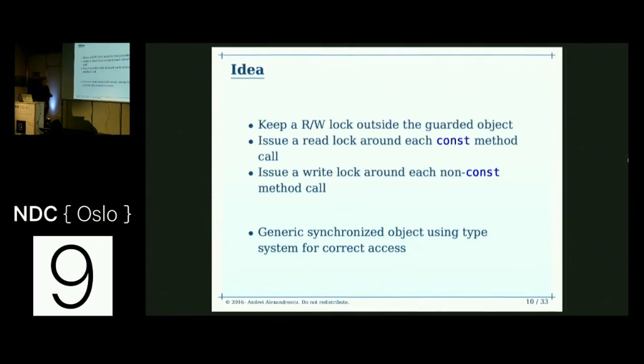So this is the idea. Let's keep a readers-writer lock outside the guarded object, and issue a read lock around each const method, and a write lock around each non-const method. Now, in order to do this kind of stuff, which of C++'s encapsulation mechanisms can you think of?